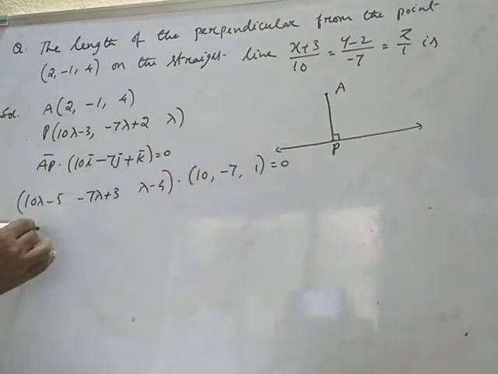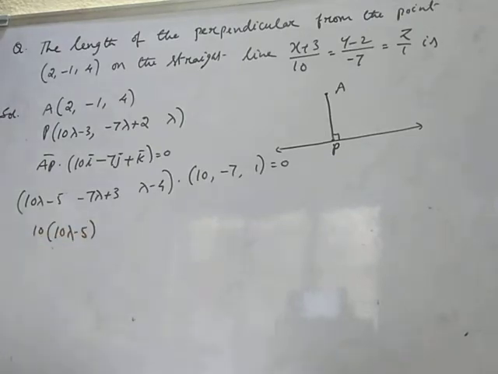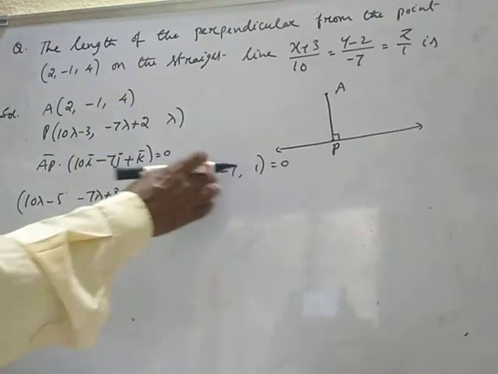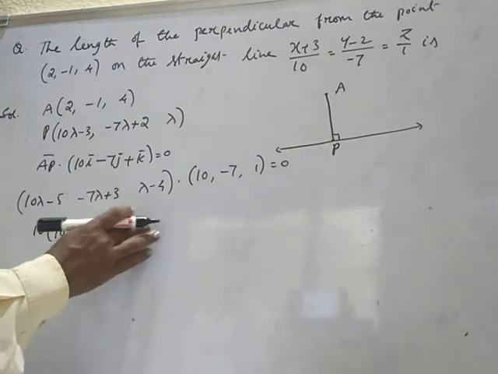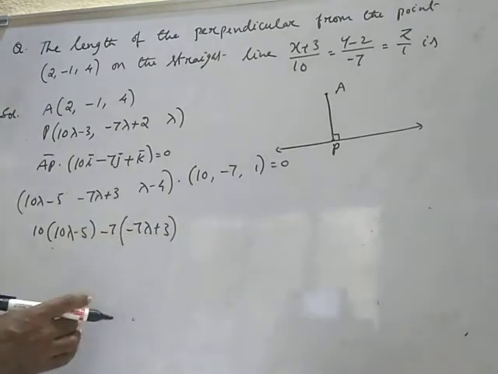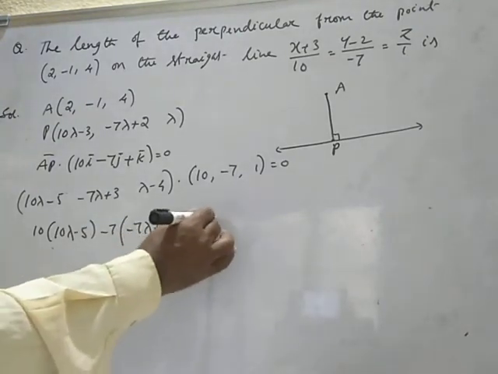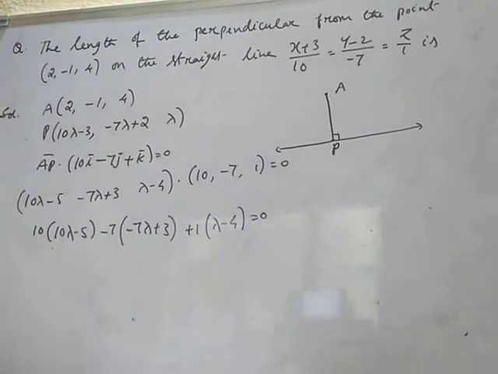Now 10 into (10 lambda - 5) minus 7 into (-7 lambda + 3) plus 1 into (lambda - 4) equal to 0.